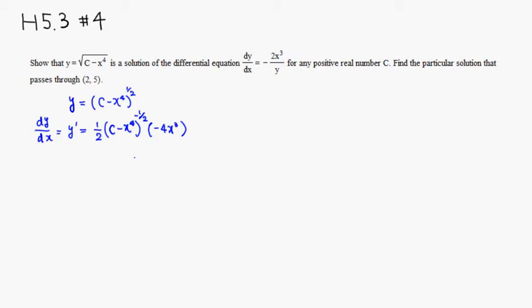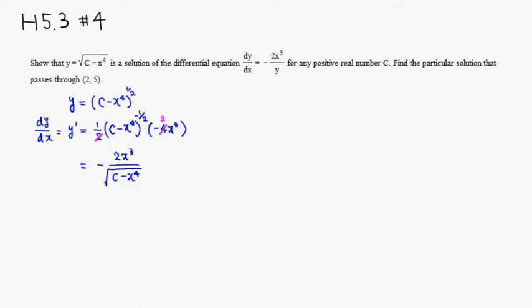So we can rewrite this as: you have 2 on the bottom, 4 on top, so it's going to be negative 2x cubed on top, and then over c minus x to the fourth with a negative power, which is a square root.